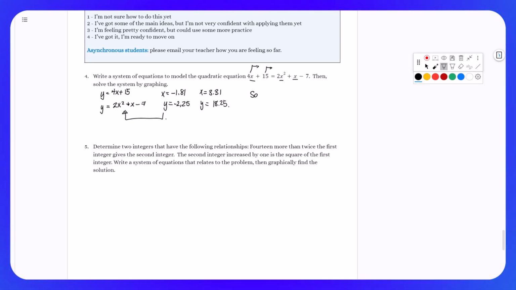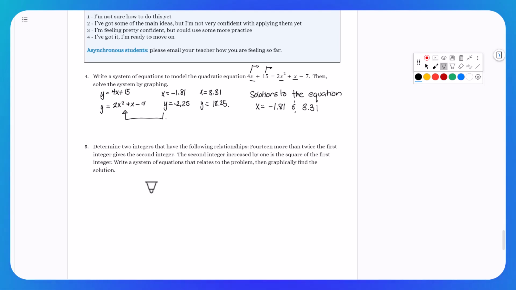Therefore, the solutions are x equals negative 1.81 and x equals 3.31.